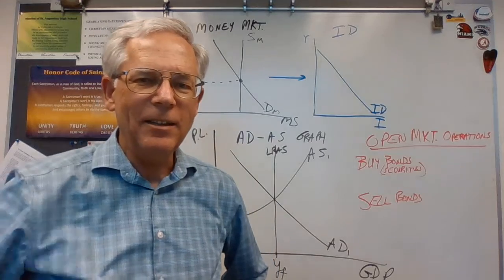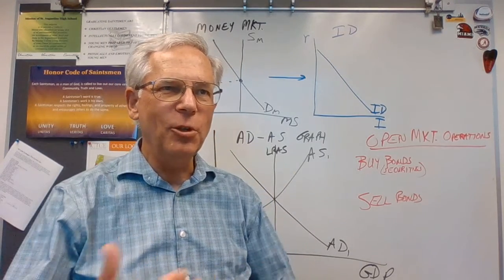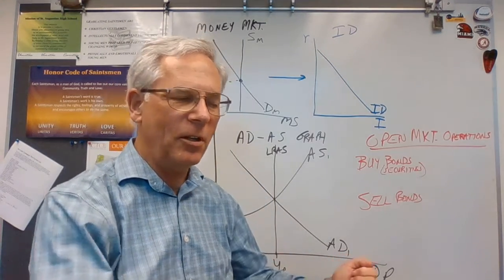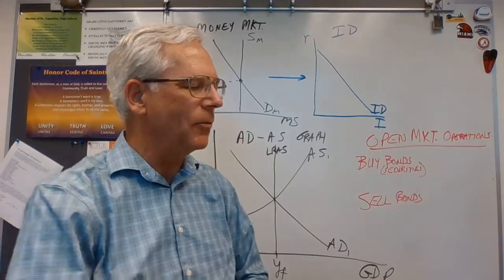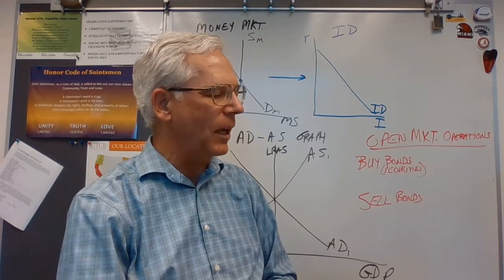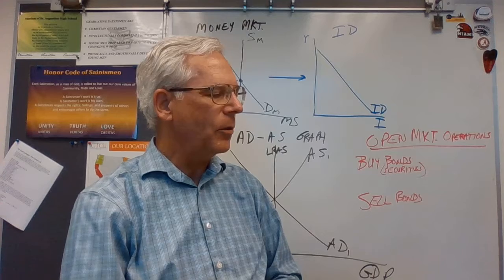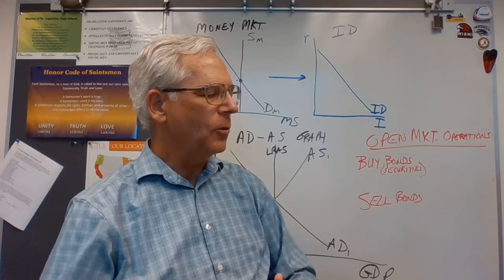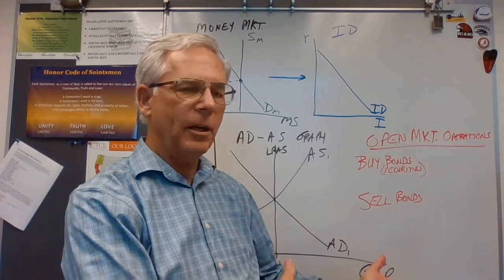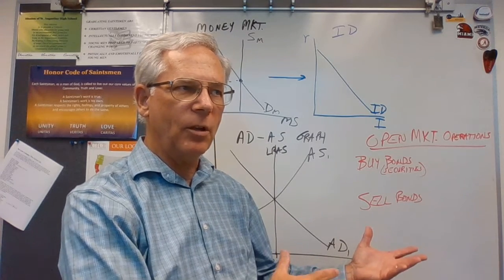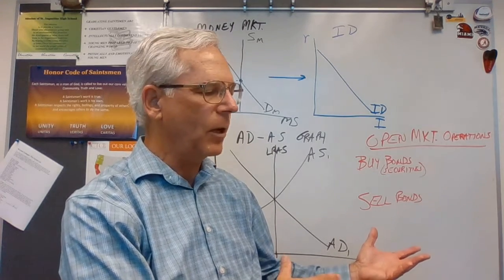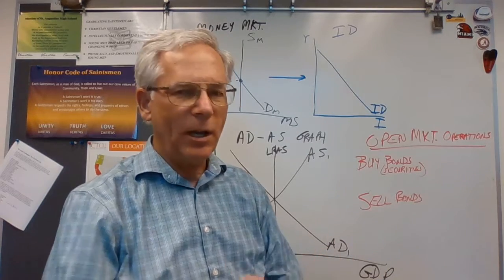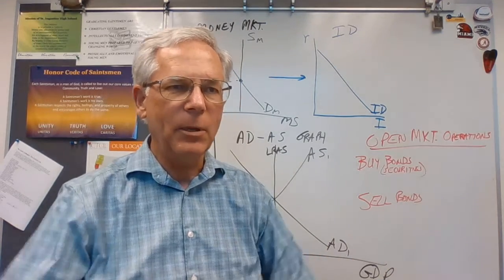We're not going to get into the details of the new fancy methodology that the Fed has developed since 2008. Your book talks about collateral loans based on bonds that a bank holds at the Federal Reserve. We're not going to worry about that. It's not going to be on the AP exam.